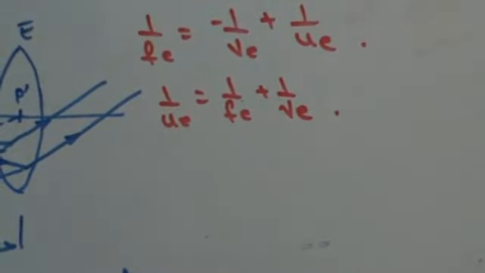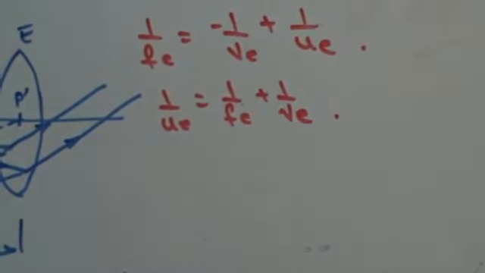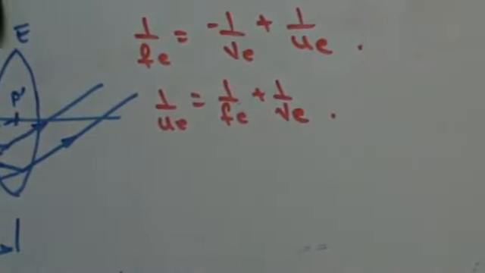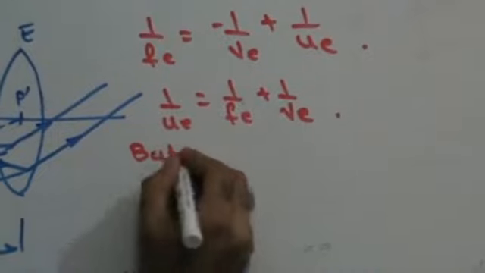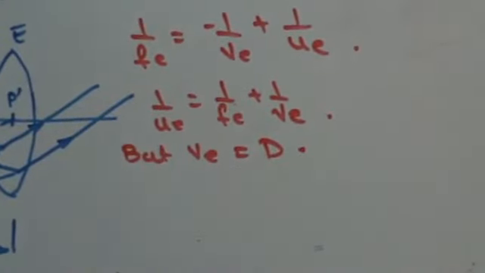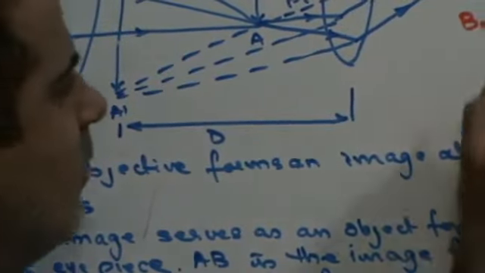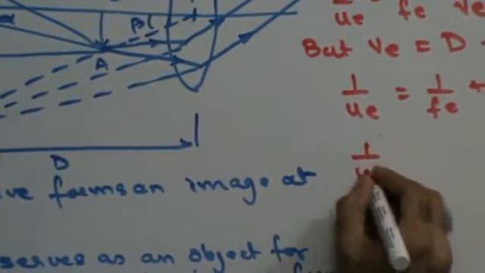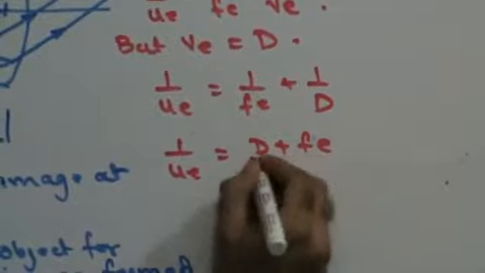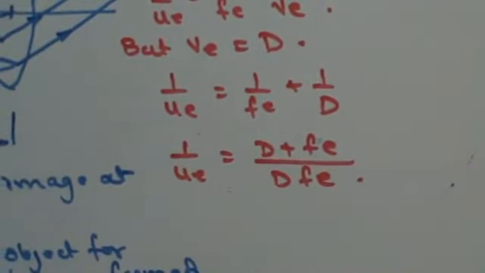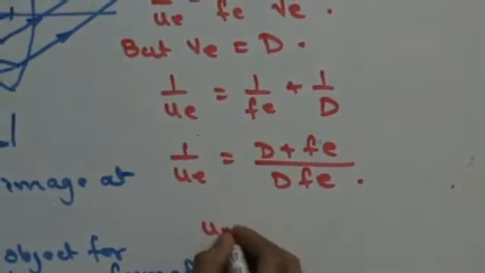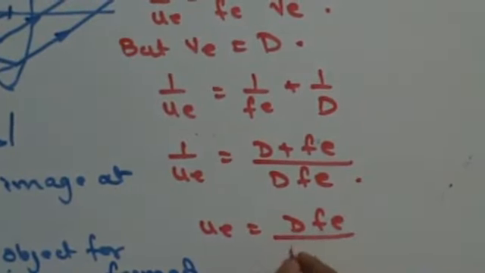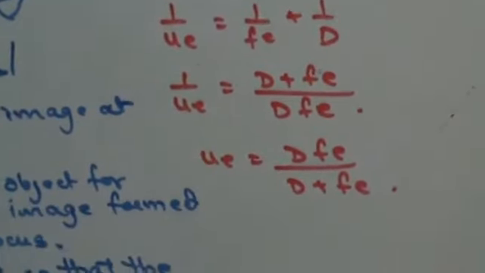But what is VE? VE is nothing but the distance of distinct vision. The distance of the image is the distance of distinct vision. So 1 upon UE is 1 upon FE plus 1 upon D. So 1 upon UE is D plus FE upon D into FE. Reciprocate, so you will get UE is D into FE upon D plus FE.